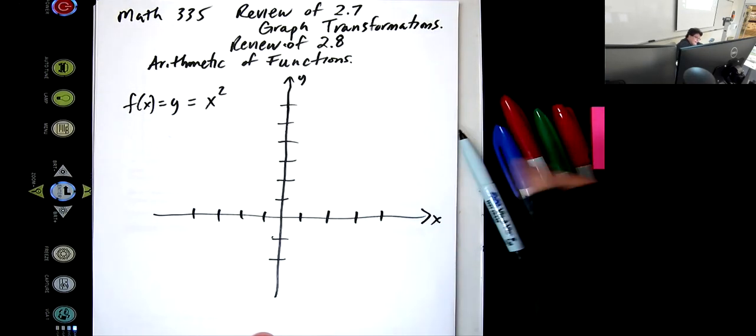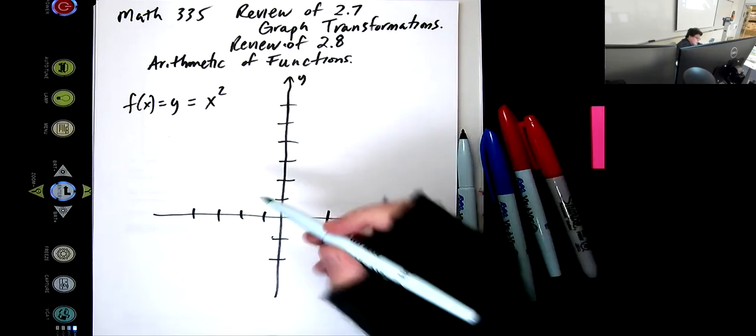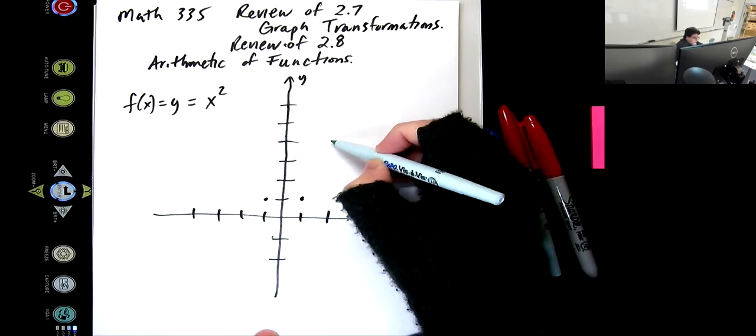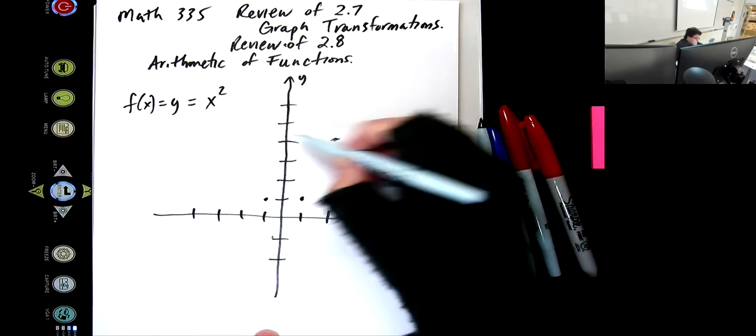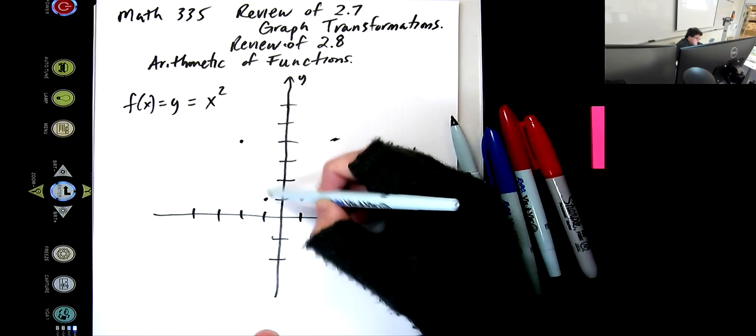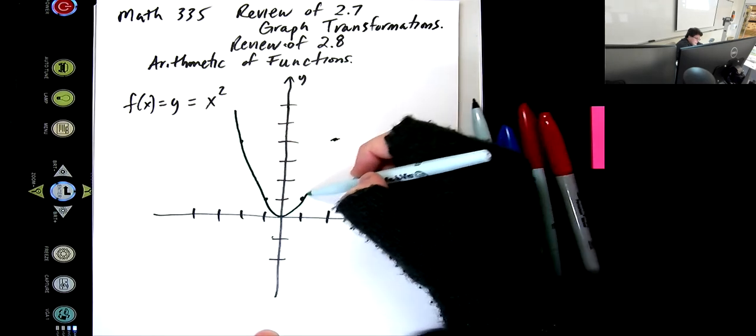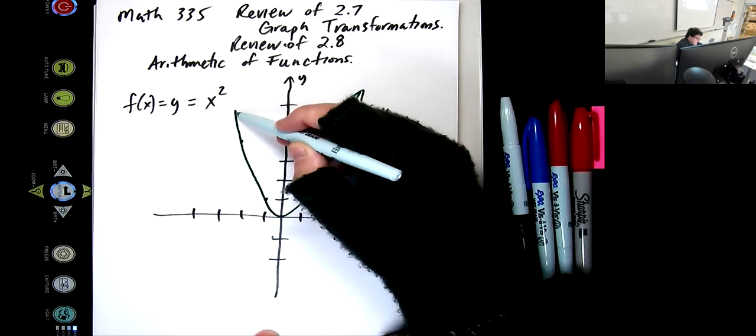The base graph has something where we go left to right 1 and up 1, left to right 2 and up 4. And that's our base y equals x squared.